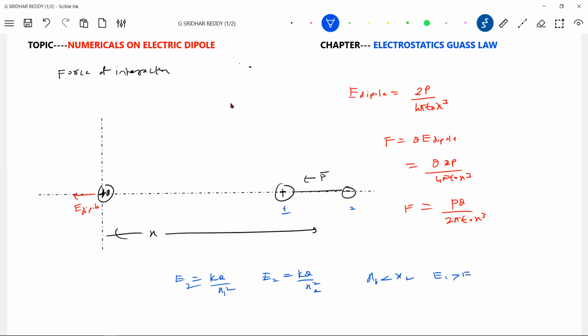So E1 is greater than E2. The positive charge experiences a repulsive force towards the right. The negative charge experiences an attractive force, so F1 will be greater than F2. So on the dipole, the force will be acting towards the right.